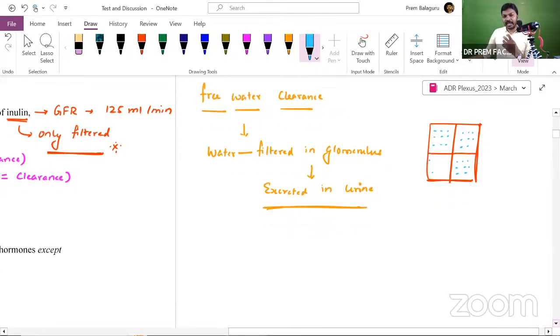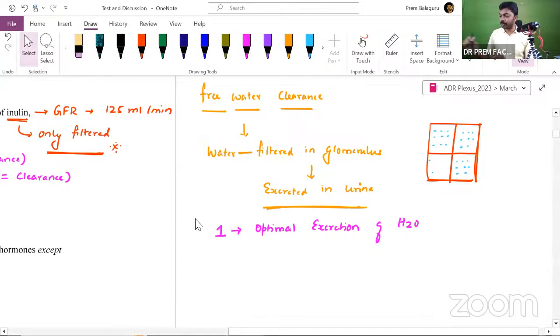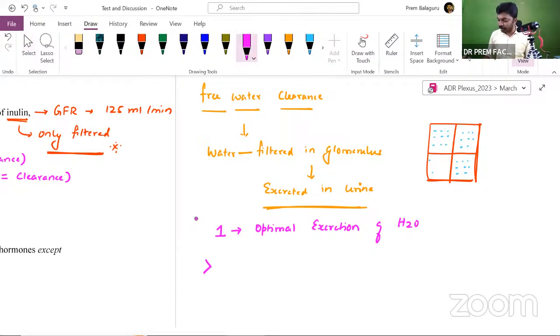Now, free water clearance is expressed in a ratio. We are going to compare normal excretion with free water clearance. So we take value 1 that says optimal excretion of water, that says normal 125 ml per minute of plasma is being cleared of water, right? That's free water clearance terms. If the value becomes higher, if the value becomes more than 1, what does this tell you?